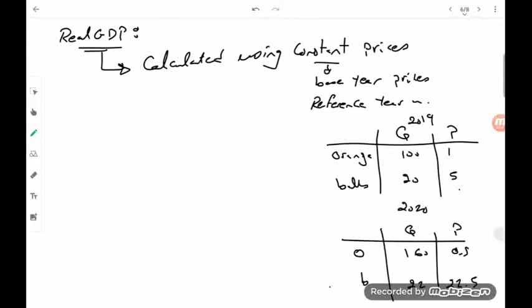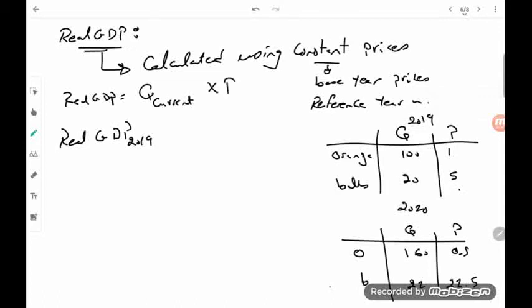So if you would like to calculate real GDP for year 2019, it's going to be calculated as, okay, just to make the rule more general, real GDP is calculated as quantity of the current year multiplied by price of the base year.